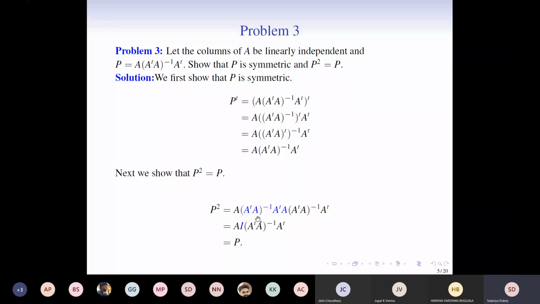The product of a matrix and its inverse is equal to identity. So by that we get A times identity times this and this. That ends up exactly as P, as you can see from here. So this finishes problem 3.